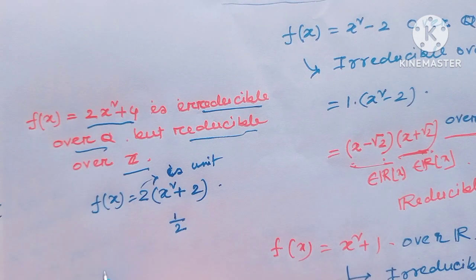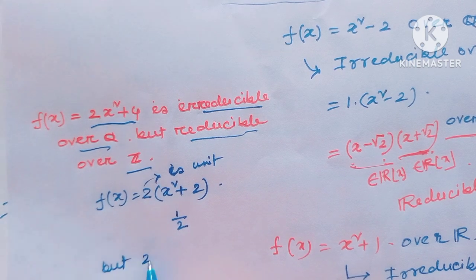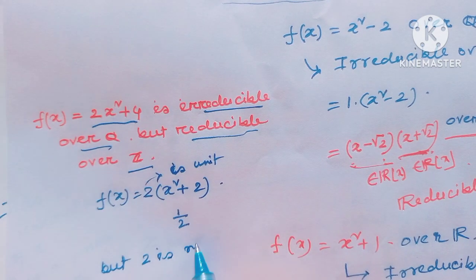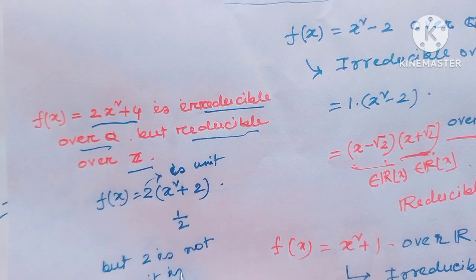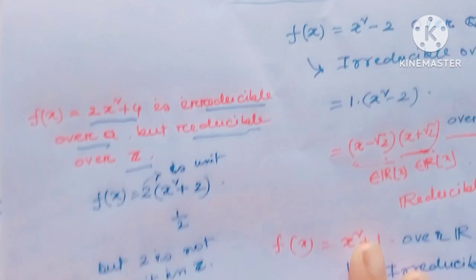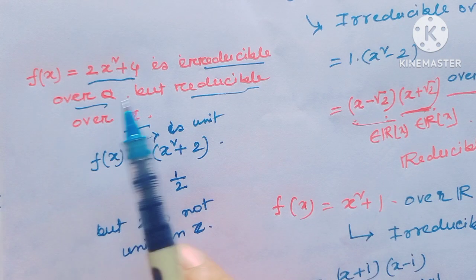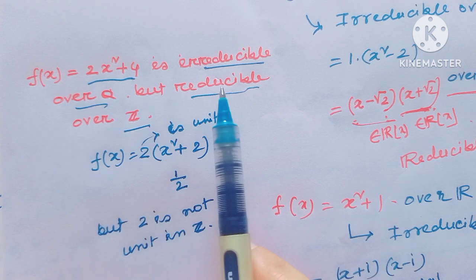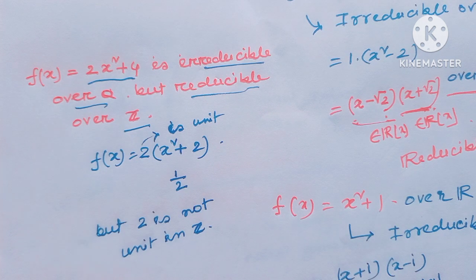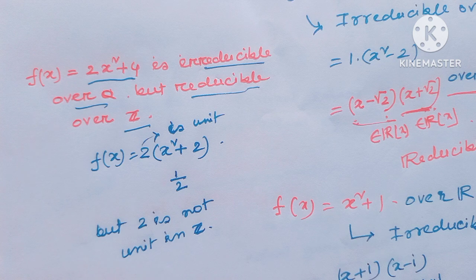But 2 is not a unit in Z. So f(x) equal to 2x square plus 4 is irreducible over Q but reducible over Z. Have you understood?